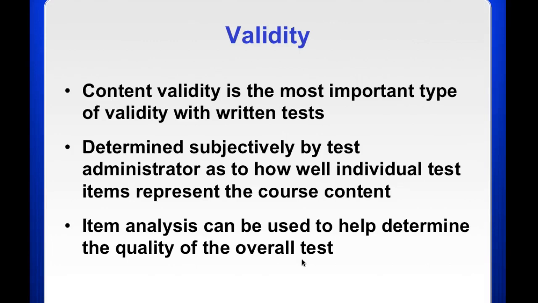So if you look at step 3 on page 175, it says separate the answer sheets into 3 subgroups. So it tells you to find the highest scores, lowest scores, and the average scores. And it tells you the upper and lower scores should be 27% each. So 27% of the highest scores, 27% of the lowest scores.